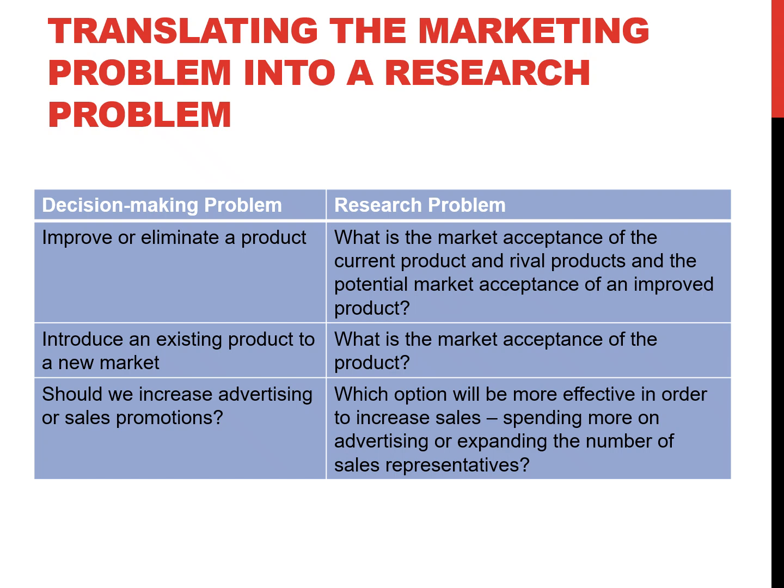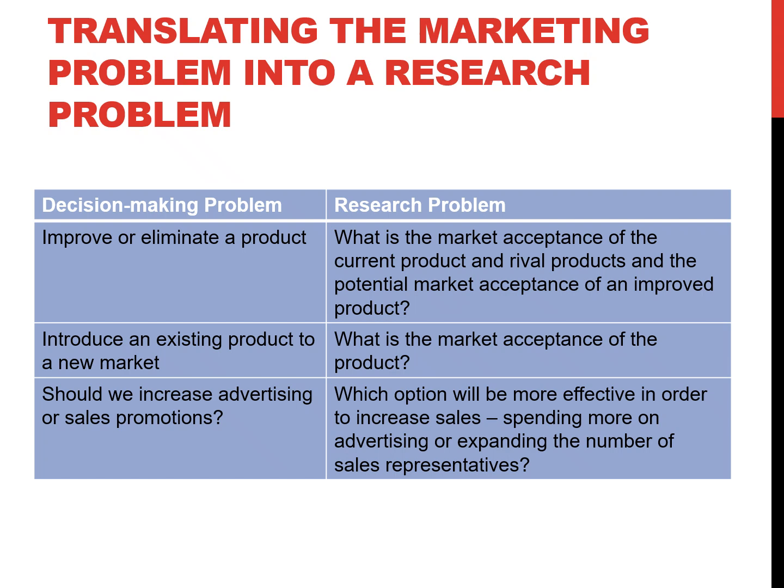So some of the options that we've got would be perhaps improve or eliminate a product. So the research problem would obviously have to be that we understand the consumers. We could perhaps introduce an existing product to a new market. Should we increase advertising or sales promotion? Perhaps the consumers don't actually understand our product.